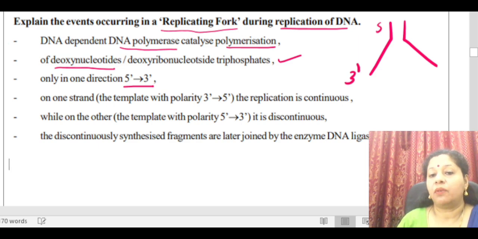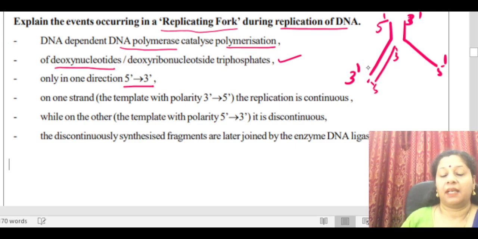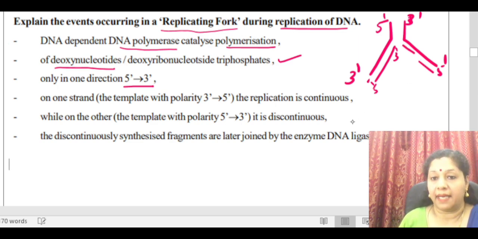One is 3' to 5', this is 3'. This is called the template strand with the polarity 3' to 5'. In this, the new strand will be formed continuously, that is, from 5' to 3'. Whereas in the other, it will be formed in a discontinuous manner, and that is called the lagging strand. The discontinuously synthesized fragments are later joined by the enzyme DNA ligase.